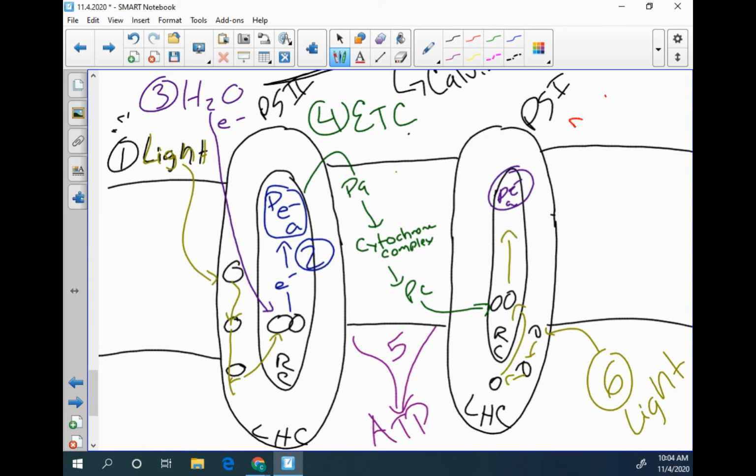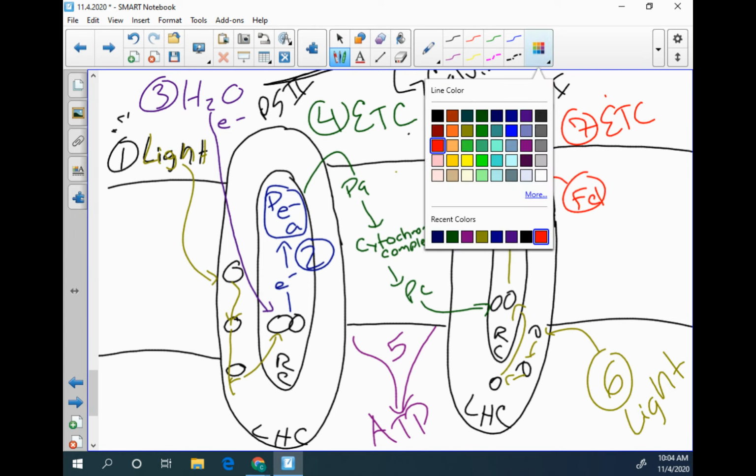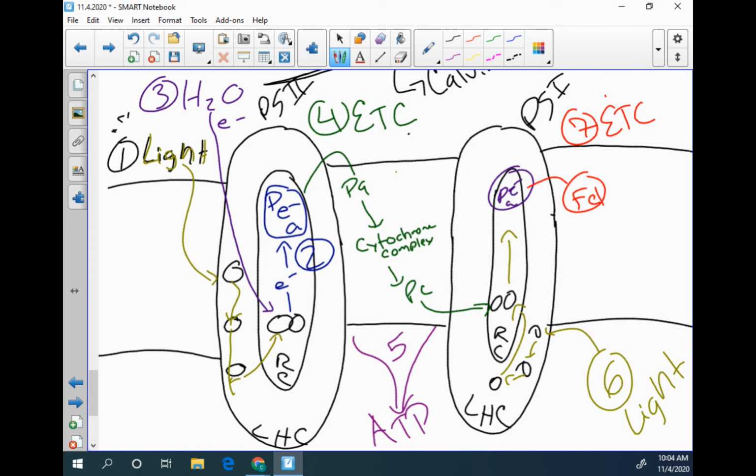Step 7 is another electron transport chain where we have our electrons going to ferredoxin. And step 8 is going to NADP plus reductase and giving us NADPH.